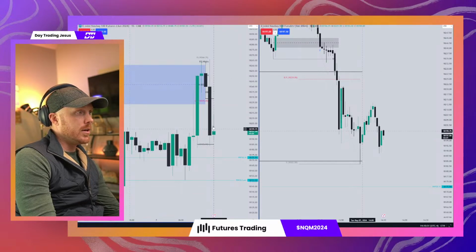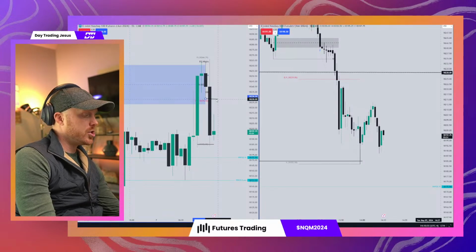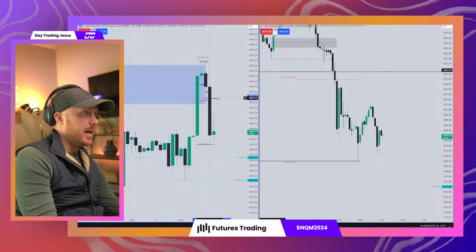Now, if this candle comes back up and touches this line right here, which is that breaker that I pointed out, and then goes the other direction, that would be an immediate rebalance on the 1 hour time frame. And an immediate rebalance is a very strong algorithmic signature in price for an aggressive move lower.